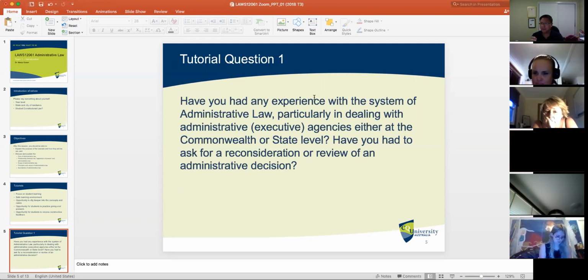So I think in NCAT, that's probably New South Wales. But in Queensland, for example, we have the Queensland Civil and Administrative Tribunal. The civil component of that tribunal is actually a judicial function. The administrative tribunal is obviously a non-judicial function.